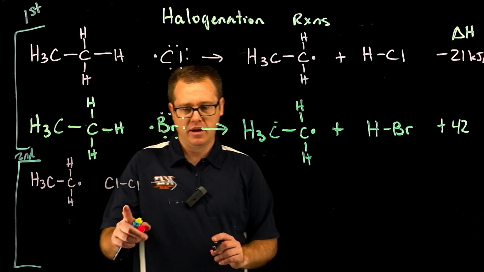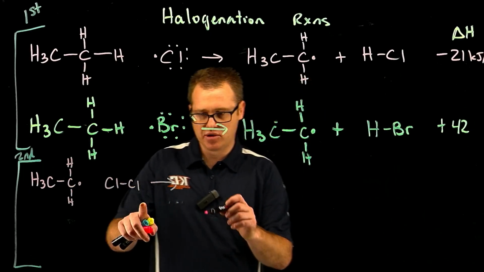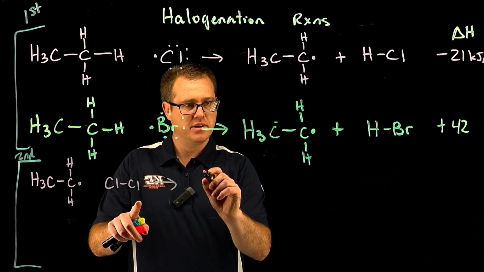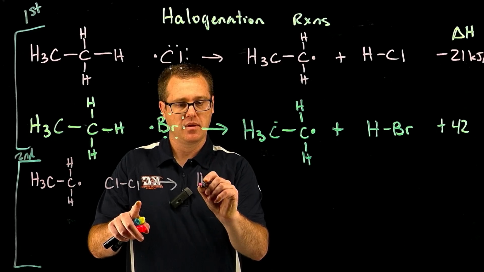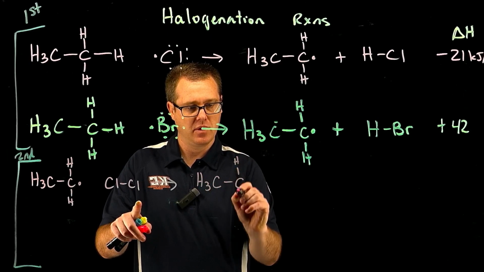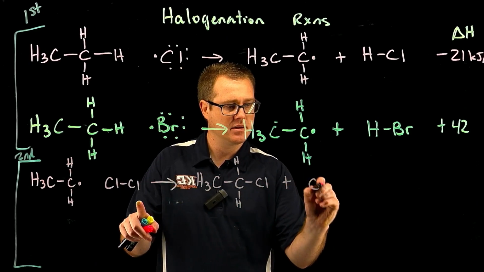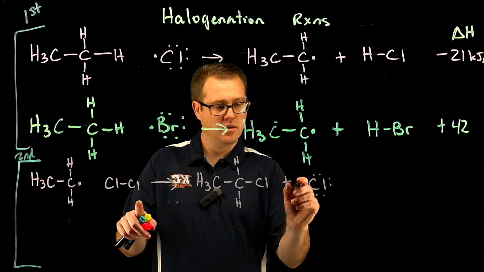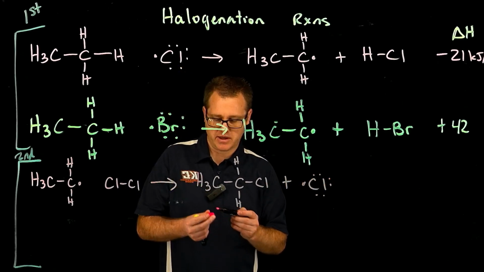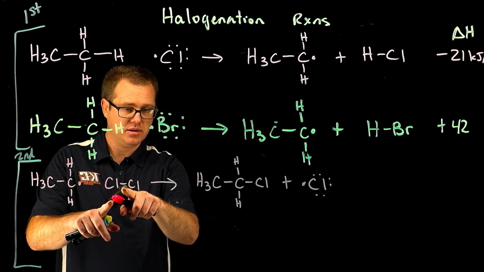And so we're doing our halogen abstraction, and that's going to give us our product, like so, chlorine plus. So what have we done here? We have to break this chlorine-chlorine bond.